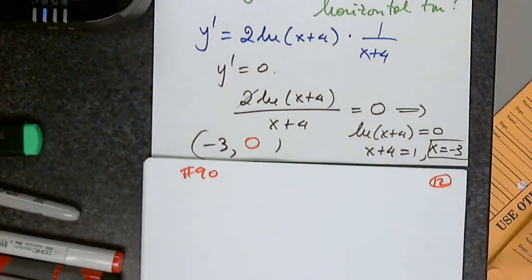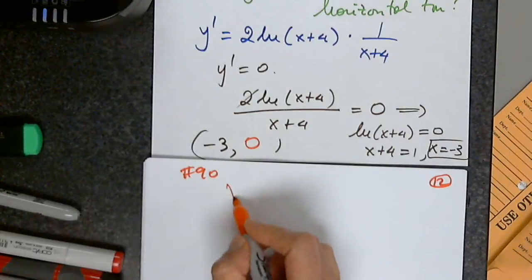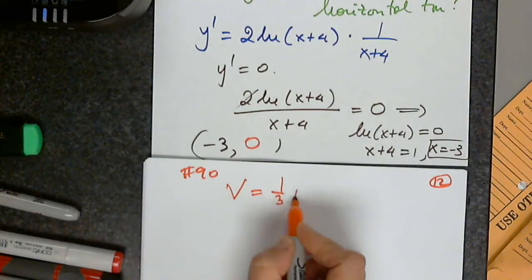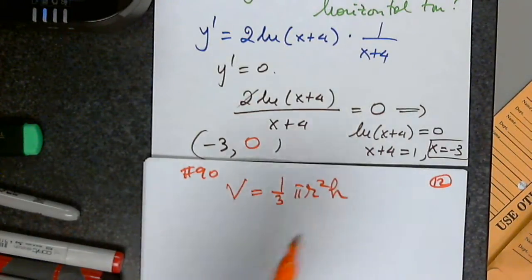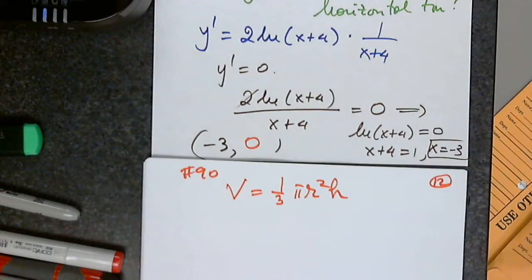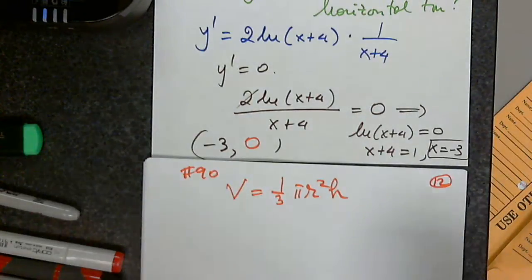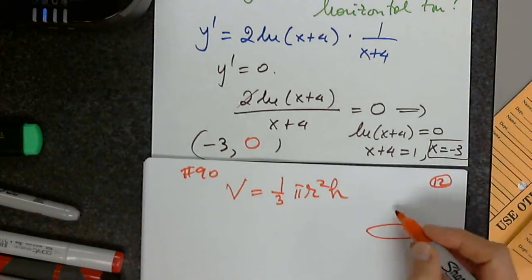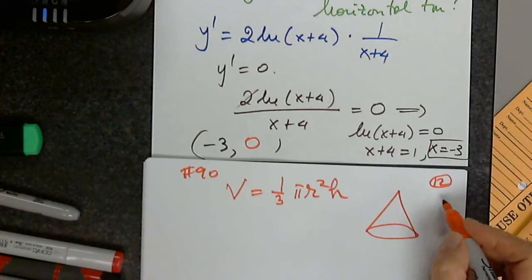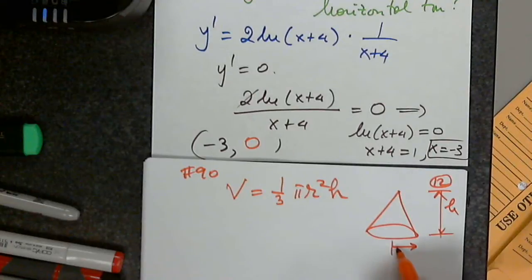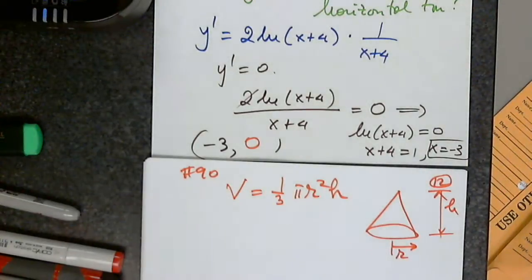The volume of a right circular cone is, as I mentioned, 1/3 pi r squared h, where r is the radius of the base and h is the height. So here's the cone. So here's the height. And here's the radius of the base, of course.